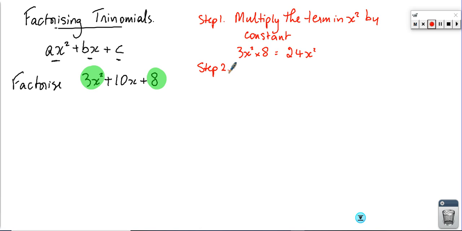Second step is to find two factors of the answer to step 1, which when added or subtracted, depending on the sign in front of the constant, will give you the term in x.